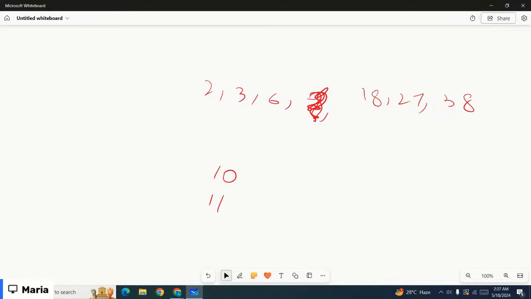The correct option is 11. 2 plus 1 is 3, 3 plus 3 is 6, 18 plus 9 is 27, and 27 plus 11 is 38, right?